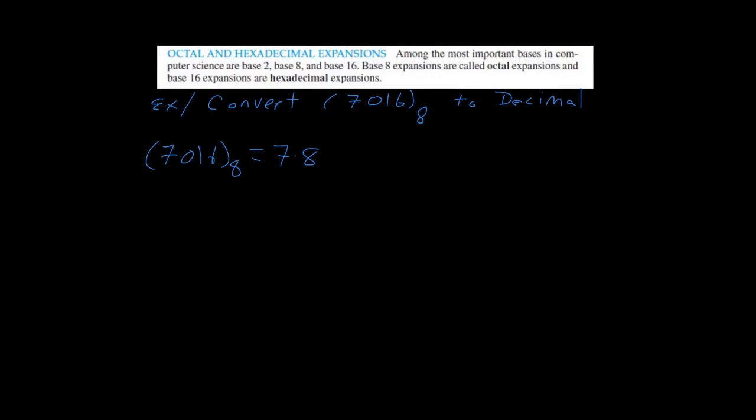And so what exponent does that have? Here's the 0 place, the 1's place, the 2's place, the 3's place. So this is going to be to the 3rd power plus 0, because that's my next number, times 8 squared plus 1 times 8 to the 1st plus 6 times 8 to the 0th.